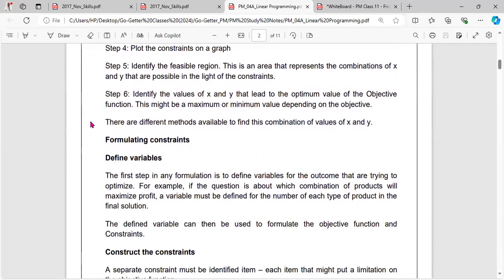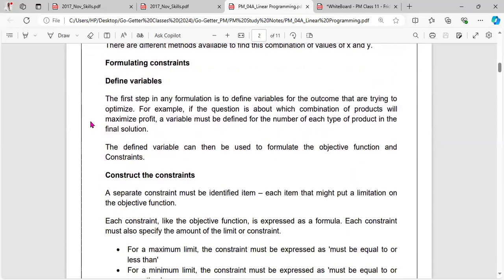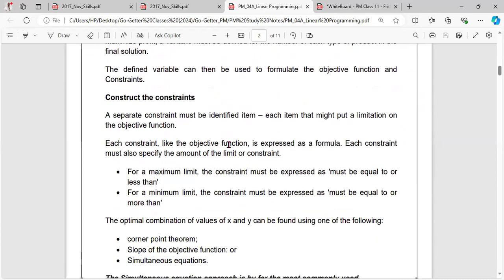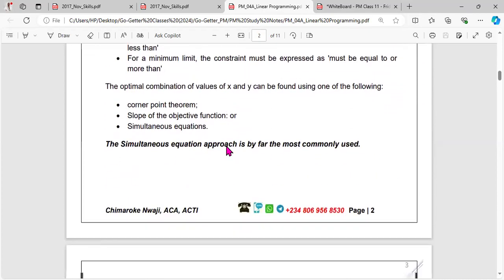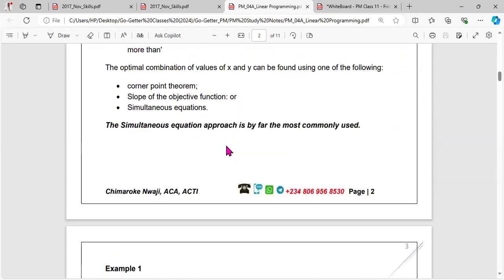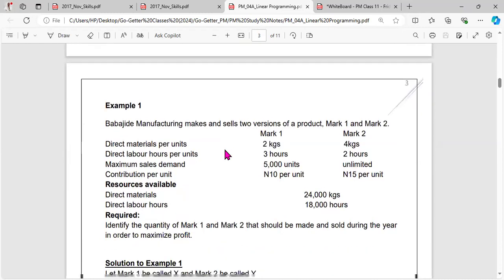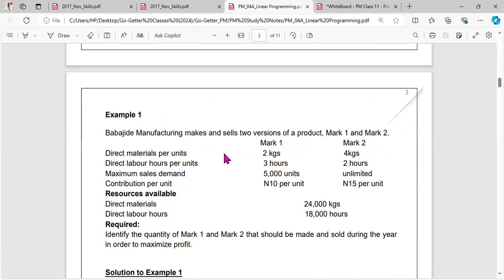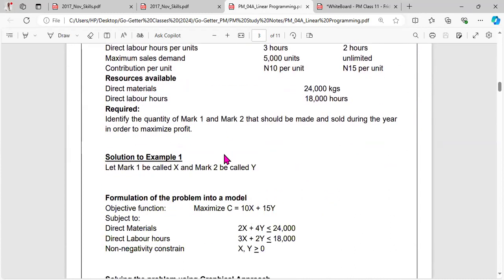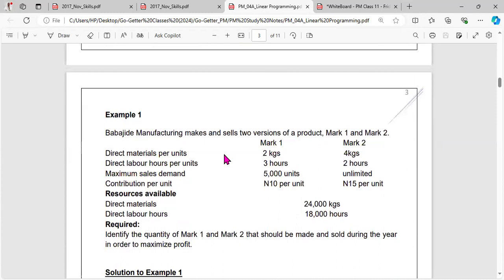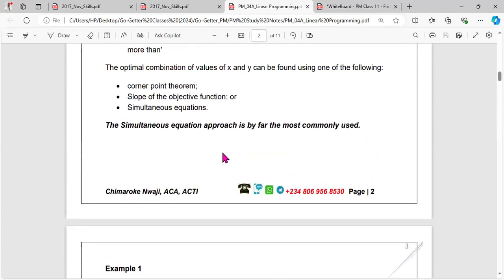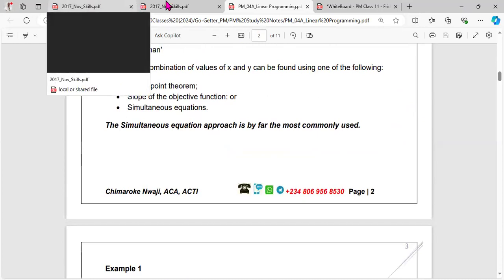All right, we've talked about this. I wouldn't want to talk too much about that. Let's solve a question. Instead of solving this particular question, because the solution is here, let's take an ICAN past question and see what we can do about it.